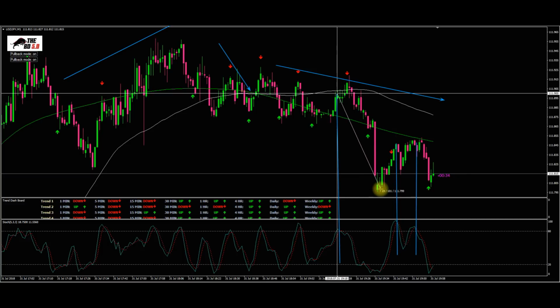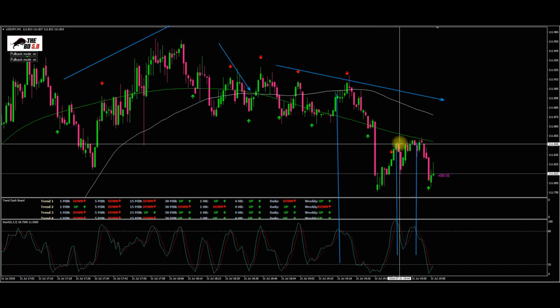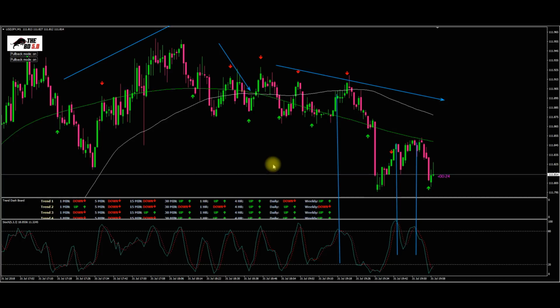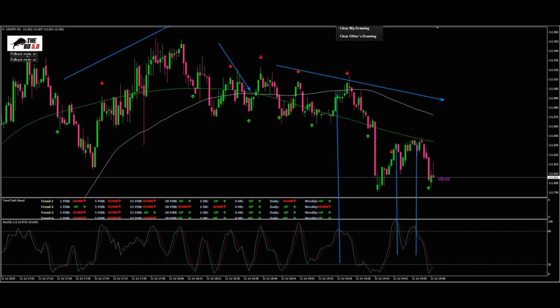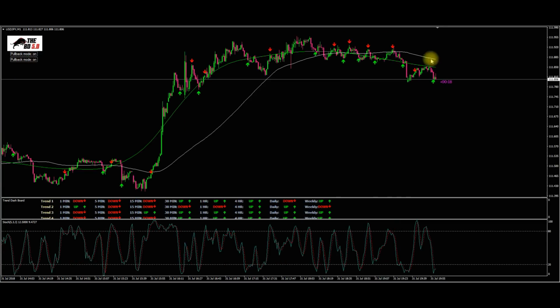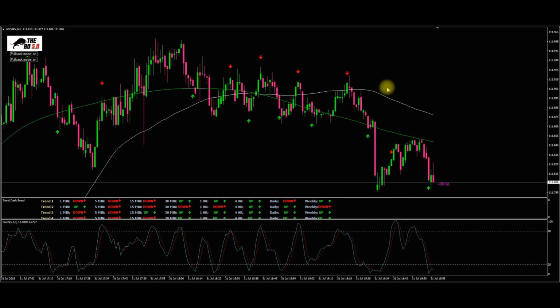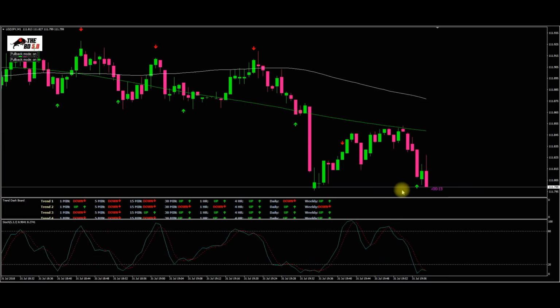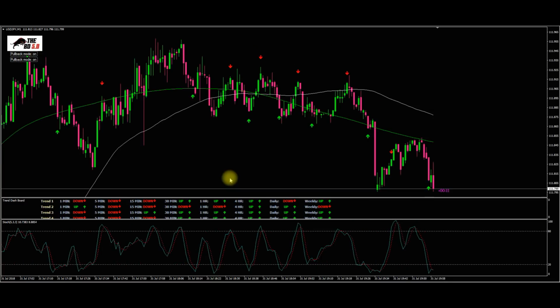Look at that. That would have been a big pip down, and again this one here would have given you 5 pips, so it's not bad. But we can see now, just from zooming out, we can see what's happening with this currency pair. We're trending down, still heading down.